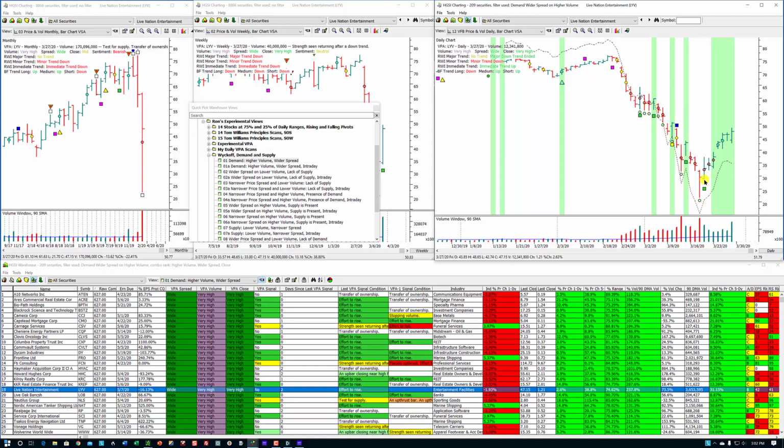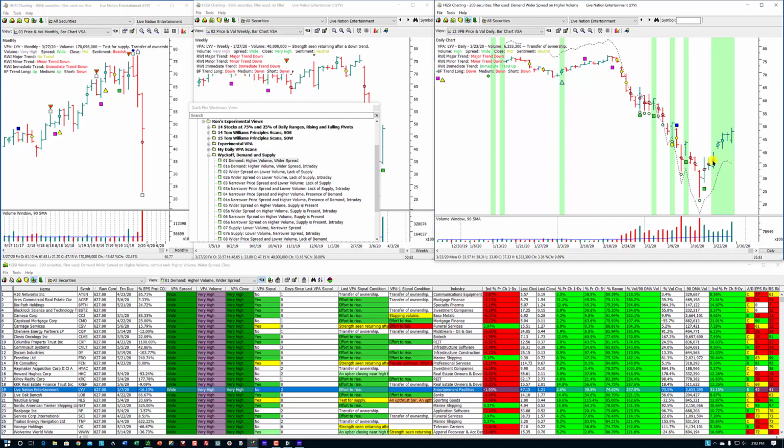Now that the group has turned, you can see we had a VPA stopping volume here. This is a confirmation of strength seen returning. Nothing on this day, but on this day, the conditions of this new filter that I put together were met, which means that the VPA spread was wide, volume was high, and the close was high.